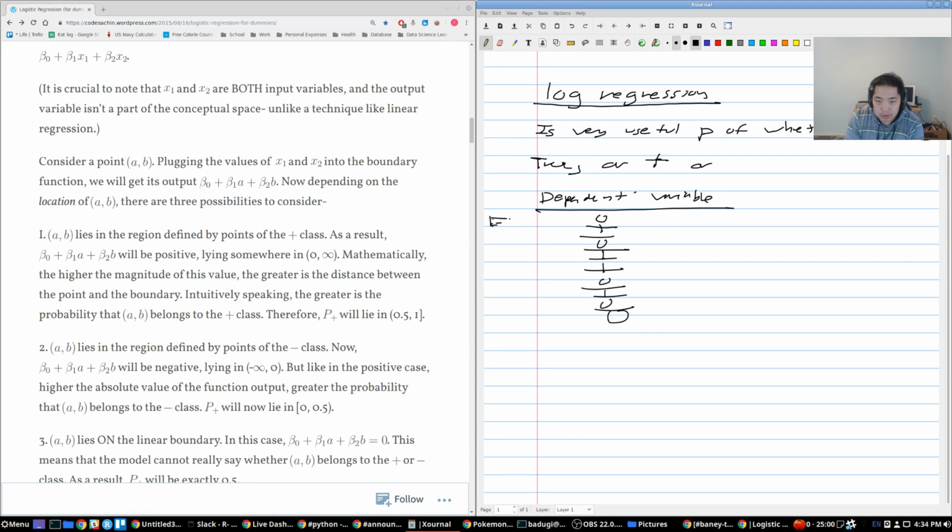It has all these other predictors, and it tries to calculate whether it falls into the line of whether it's true or not, or the probability of whether it's true or not.